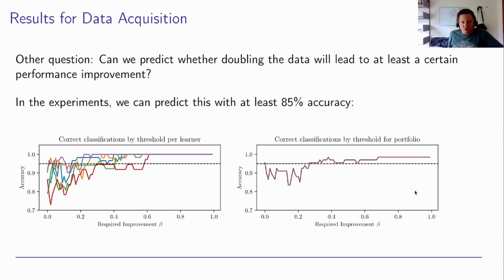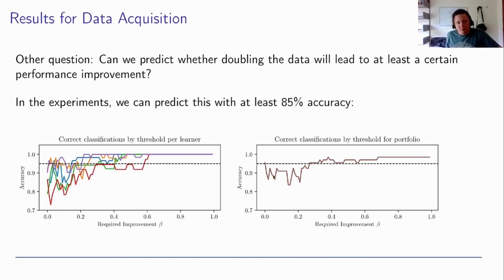Another question that can be answered with the learning curves is whether the acquisition of more data would make sense. So very briefly, one can say, okay, after having acquired this whole bunch of learning curves in the model selection process, one can create something like an idea of how much additional data could help to improve the classification performance.